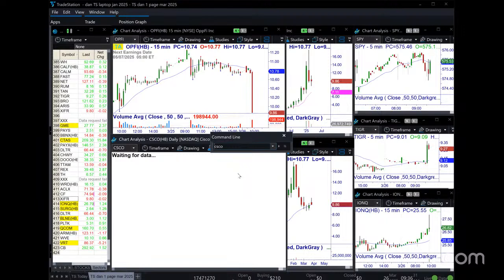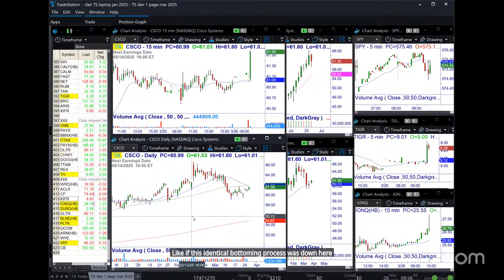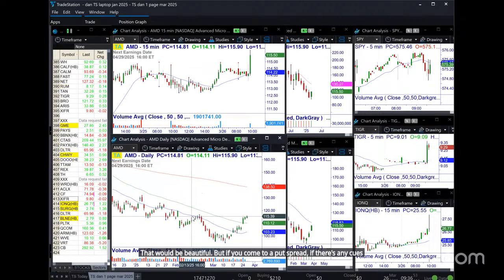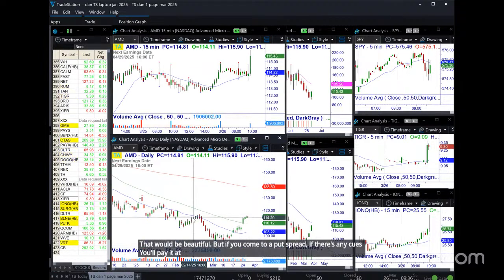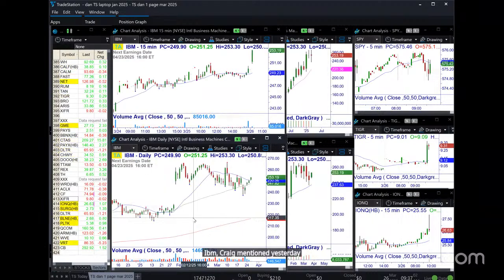Things aren't doing much here. Cisco, if this identical bottoming process was down here at 56 to 58, that would be beautiful. But you can do a put spread if there's any cues. AMD was a bottoming pattern. IBM, Craig mentioned yesterday, but daily's a mess.